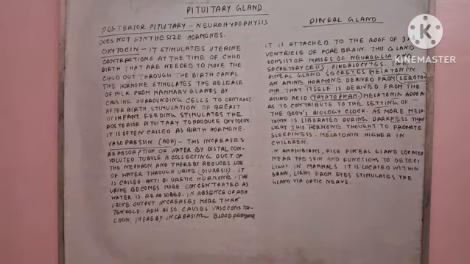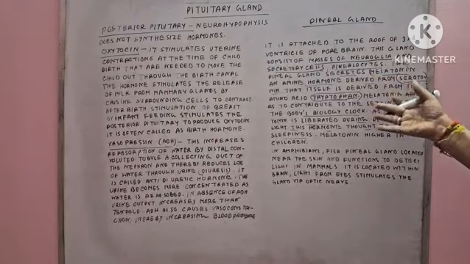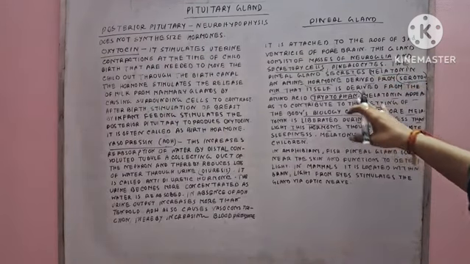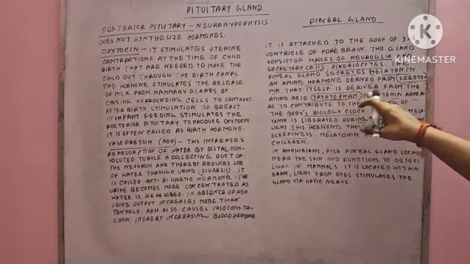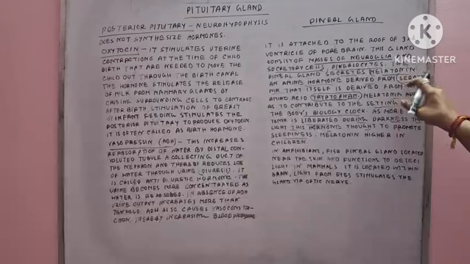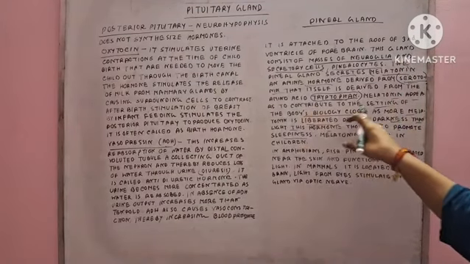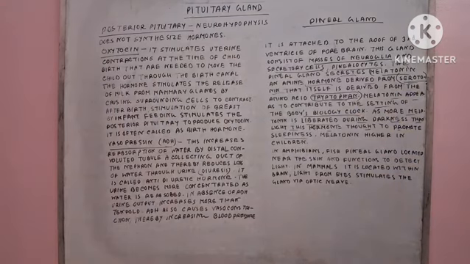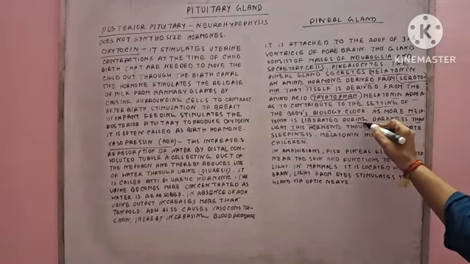So what is this saying? First of all, you all understood how it is synthesized: tryptophan is the main source from where serotonin is first synthesized, and then from serotonin melatonin is synthesized. And it maintains the body's biological clock. At which time is its secretion mainly possible? During the darkness.